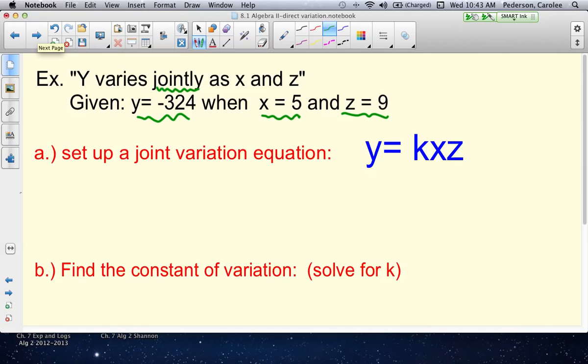We're going to substitute in the y, the x, and the z. So we have a little bit of time to finish writing up what we have here on the smartboard. Step 1 is to identify what equation. In this case it's a joint variation, so it's this blue formula, and now we're going to put the pieces in.